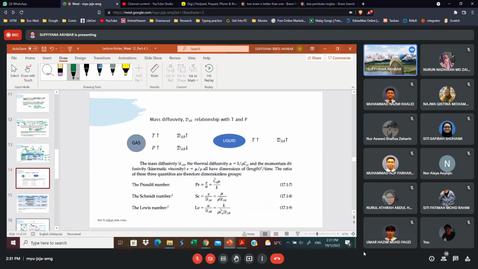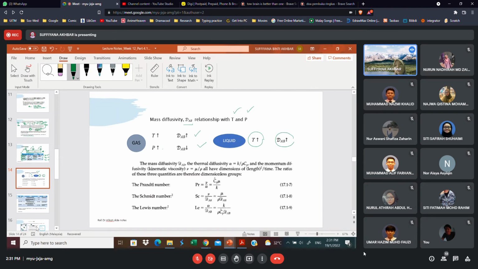Then for the mass diffusivity DAB, there is a relationship with temperature and pressure. For a gas system, if the temperature increases, the DAB will also increase. However, if the pressure increases, the DAB will decrease. For a liquid system, when we increase the temperature, the DAB will also increase.